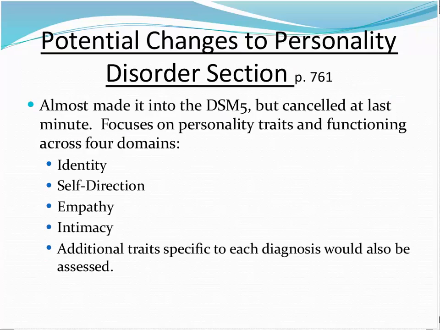So you will separately rate the impairment of identity, impairment of self-direction, empathy, and intimacy, and then there will be specific traits added to each diagnosis.